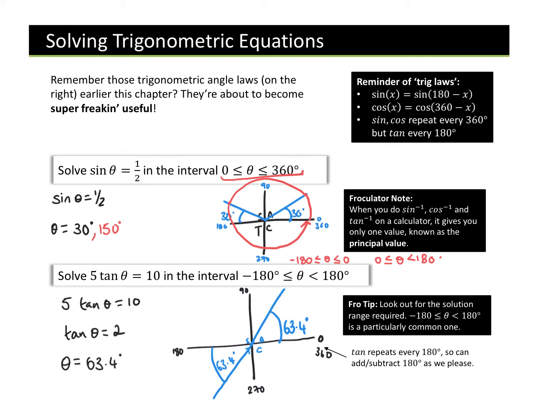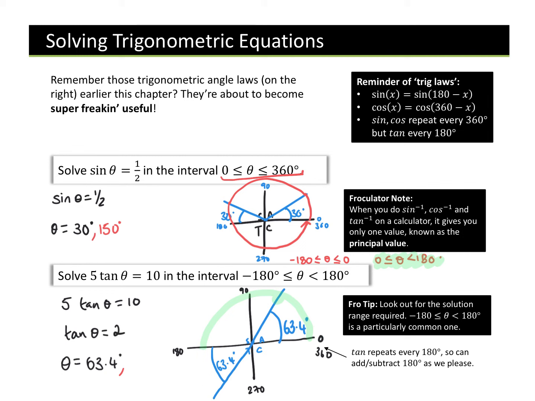I'm going to split these two up. This one's the easiest, between 0 and 180. Between 0 and 180 is this whole section. Where does it intersect? It intersects here. So we know our first angle is 63.4.